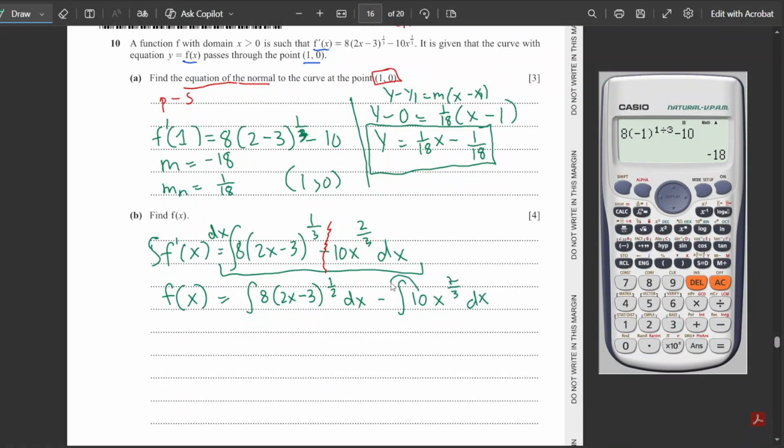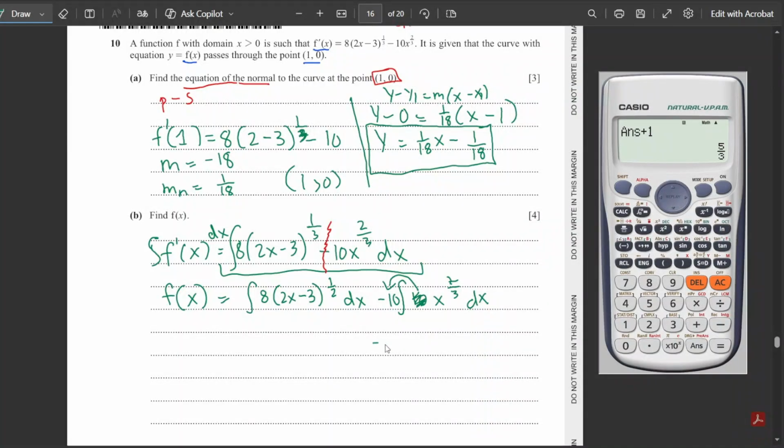So over here, I can take this 10 outside of the integral because it's a constant, and so I just have to integrate x raised to the power 2 by 3. So what's 2 by 3? 2 by 3 is basically equal to 0.666. I just have to add 1 to this because when you're integrating, you add 1 to the power, and I'm going to get 5 by 3. And then I'm going to divide by 5 by 3 as well.